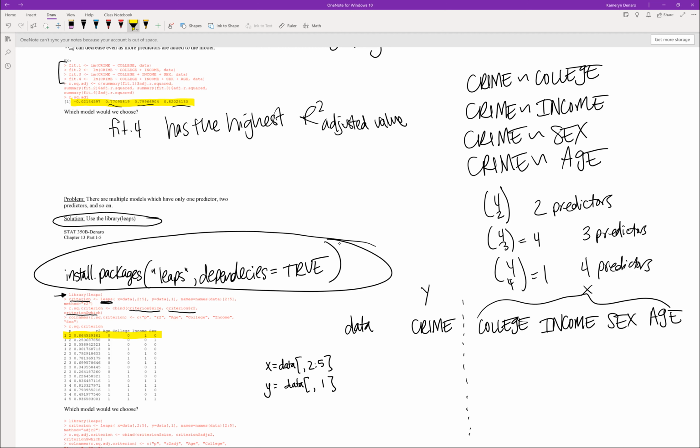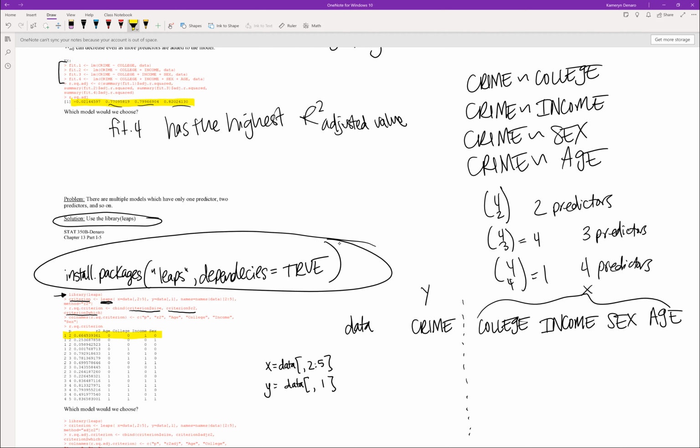Essentially, when I regress crime on income only, so there's one variable in the model, which means that there's two predictors because I have a slope and an intercept, right? So I have income and the y-intercept. The R-squared value is 0.6645. And then age is not in the model. College is not in the model. Income is in the model. Sex is not in the model, okay?